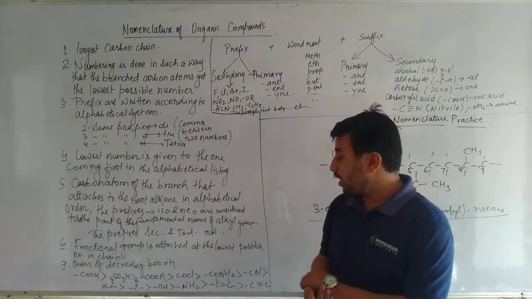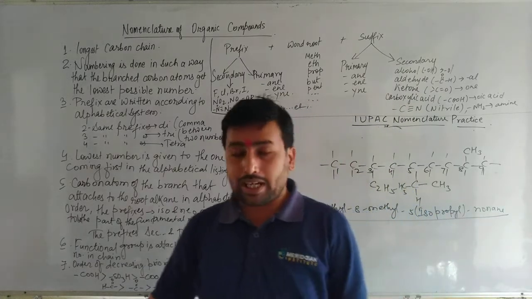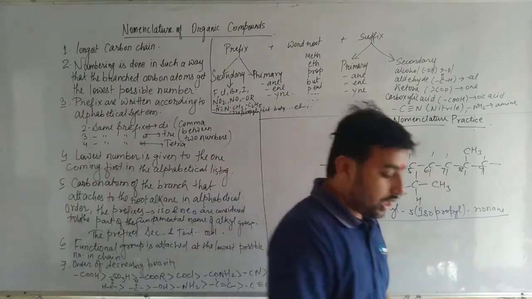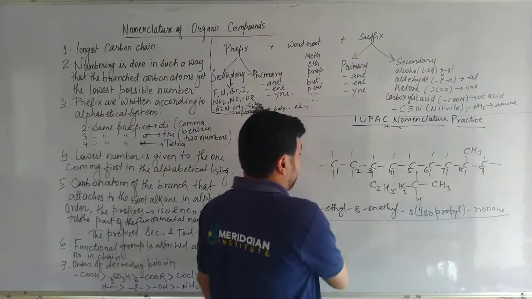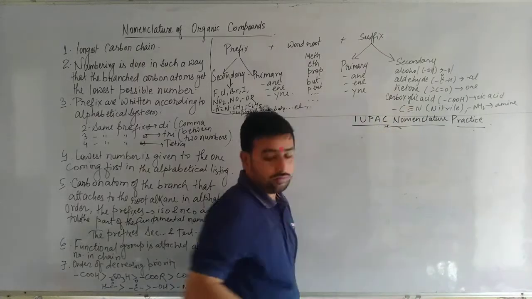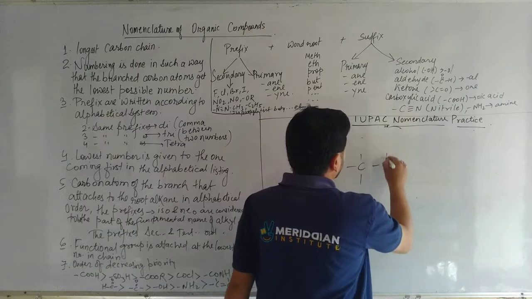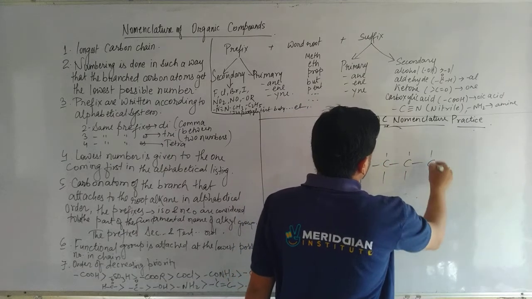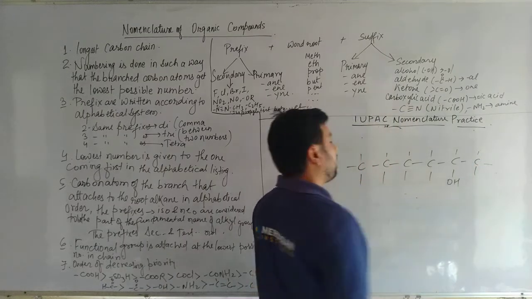Now sixth position, functional group is attached at the lowest possible number to the carbon atom. Now here functional group. If I ask you functional group, then I hope all of you have remembered all the functional group. Just suppose here OH is there.